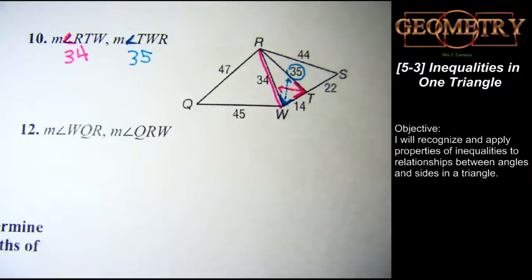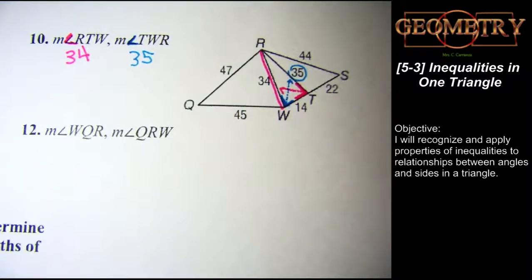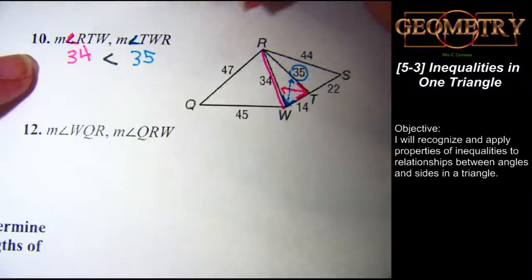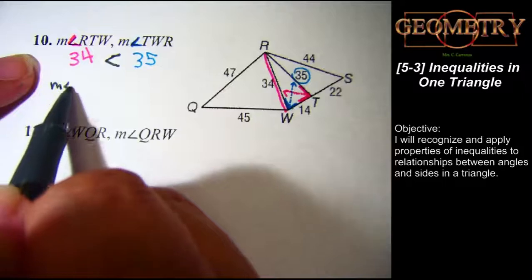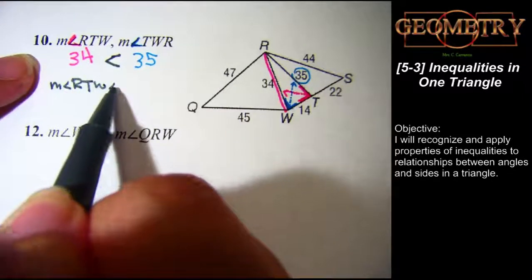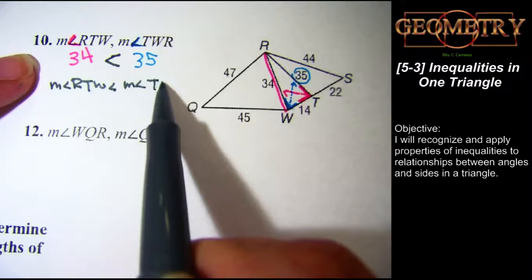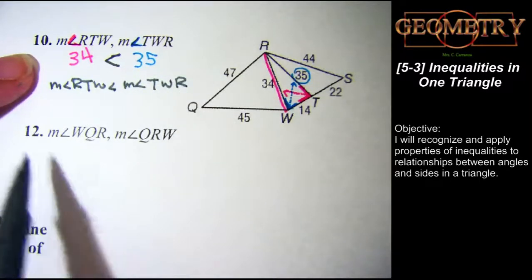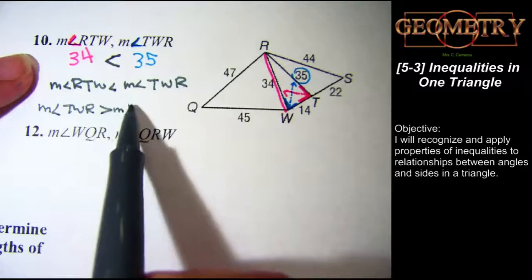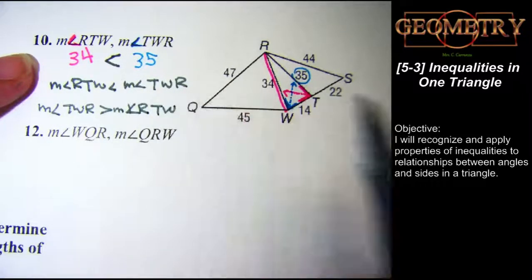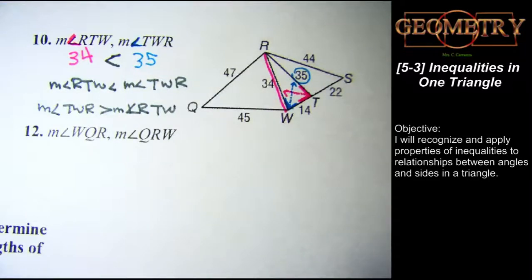Between 34 and 35, which one's bigger? 35, which means that the measure of angle RTW is smaller than the measure of the angle TWR. Or you could say that the measure of angle TWR is bigger than the measure of angle TRW. It's totally the same thing. You only have to write it one way, and it doesn't matter which way you write it.